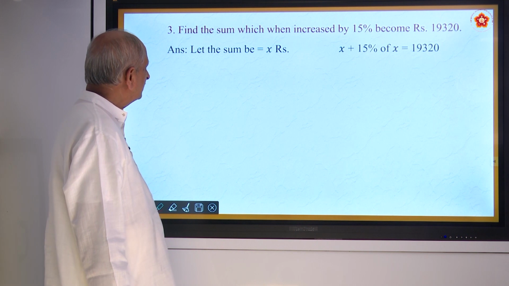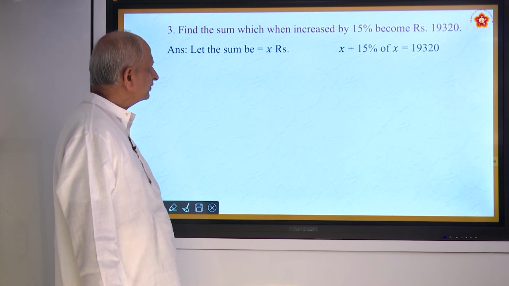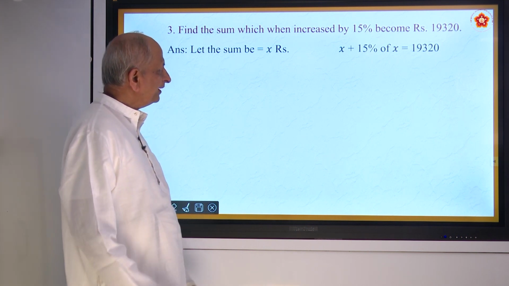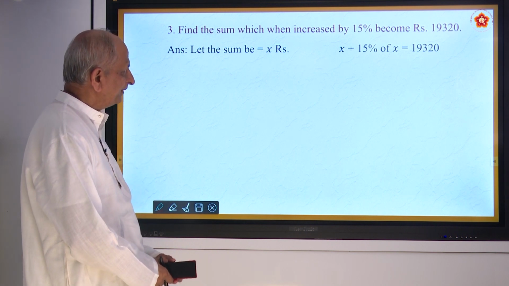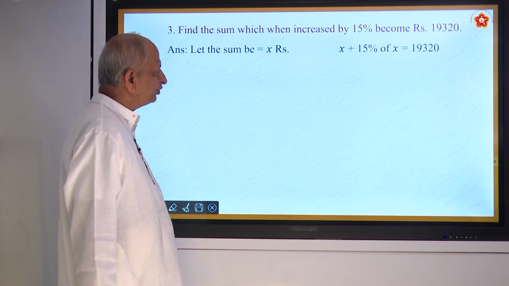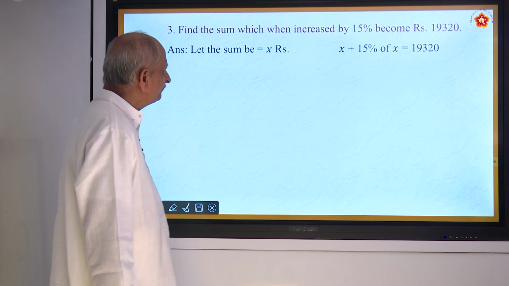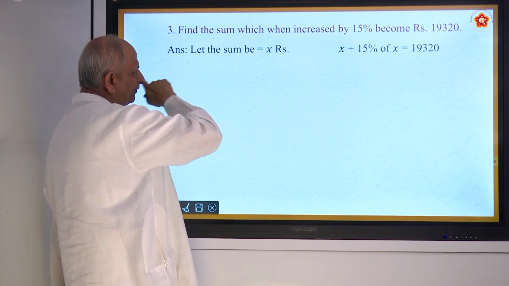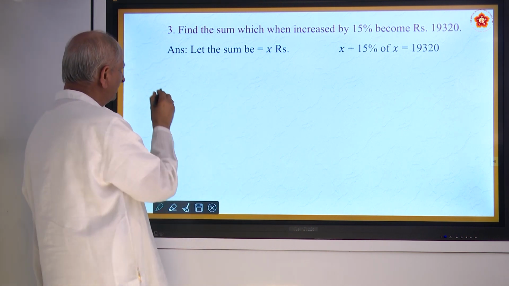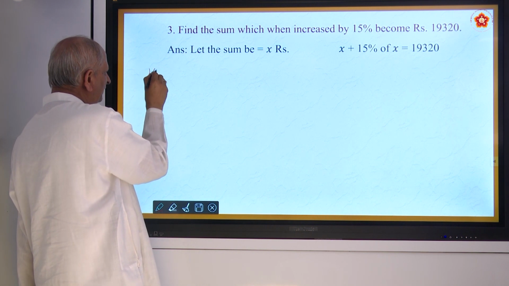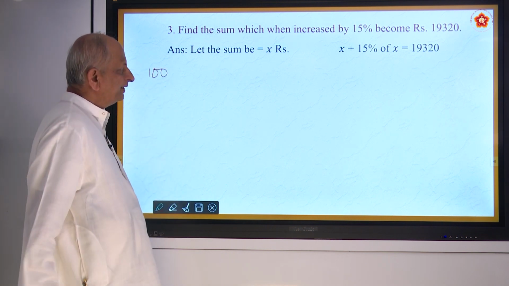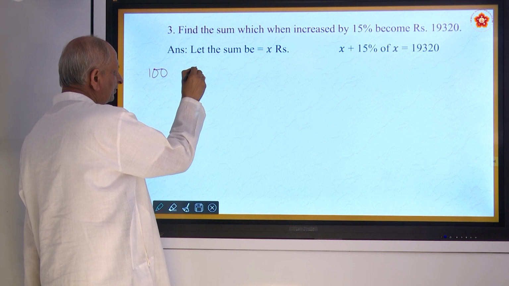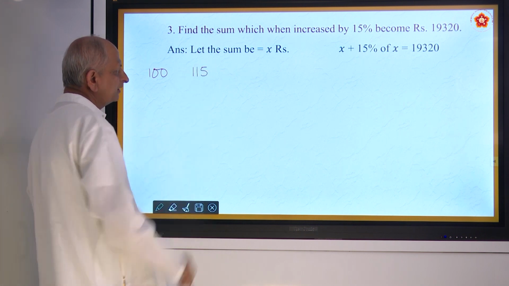Next question, find the sum which when increased by 15% becomes 19,320. So you have to find the sum of money. You can do it in two methods. Suppose the sum is 100 rupees. Increased by 15%, it will become 115, right?